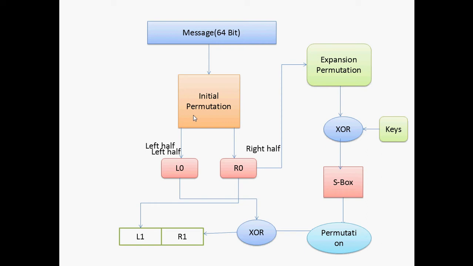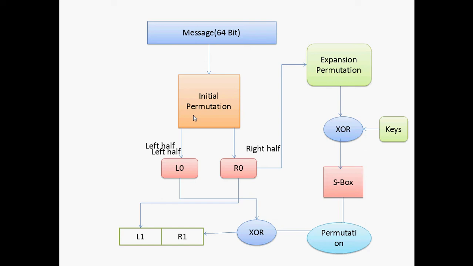Now the L1 which we get after this is directly the R0. So the R0 which we have now becomes the left part of the next message, which is the first step in the encryption. And then the R0 which we have is sent through the expansion permutation.